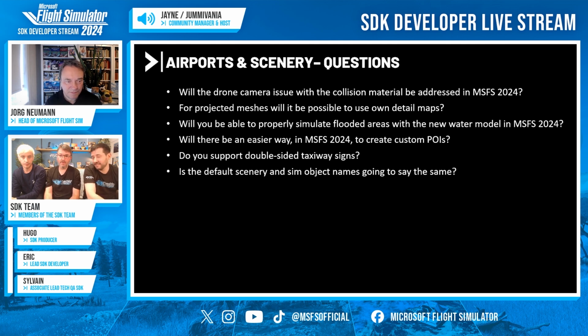For projected meshes, will it be possible to use our own detail maps? This will actually no longer be necessary. One of the things we've not talked about, but is very important, is visible with the biomes and the 3D ground.